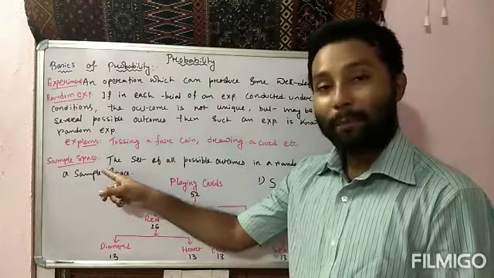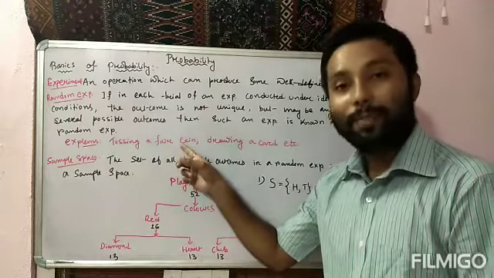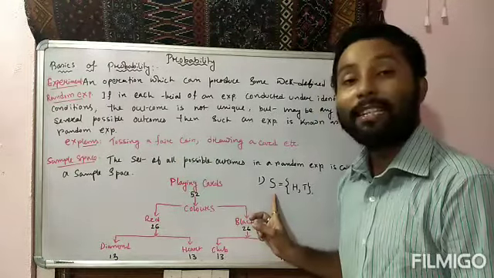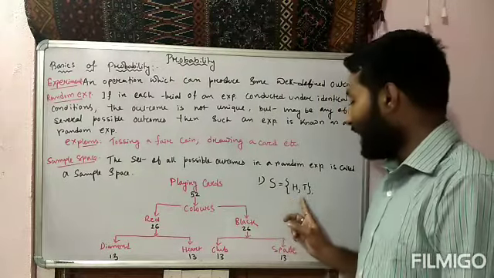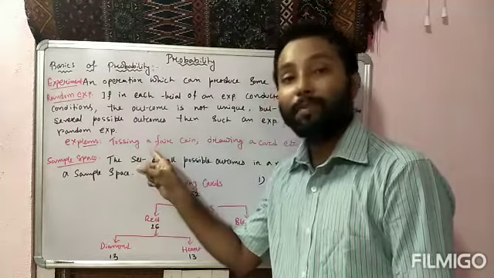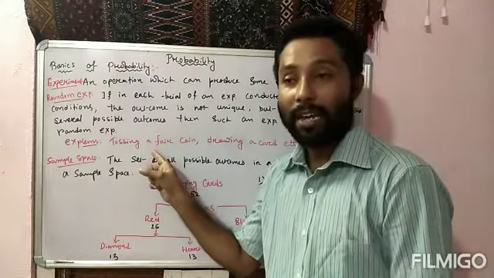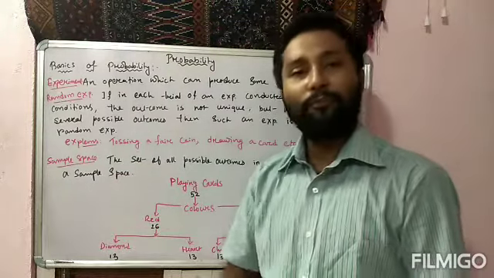Now the definition of sample space with example. So for tossing a fair coin, how do we write the sample space? Sample space is denoted by S. So S is equal to {H, T}, which is the sample space of this random experiment, tossing a fair coin. Okay, let us take one more example, throwing a fair die.